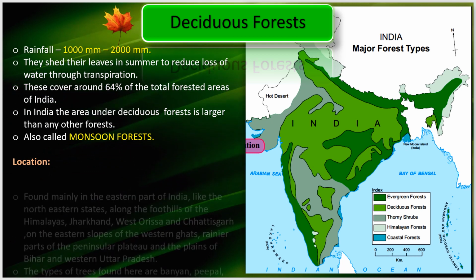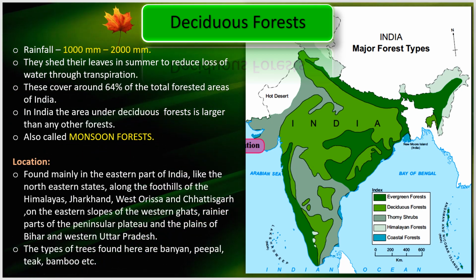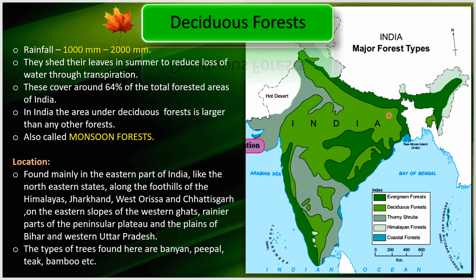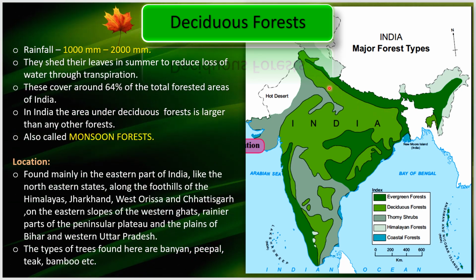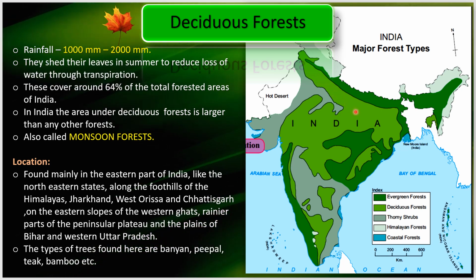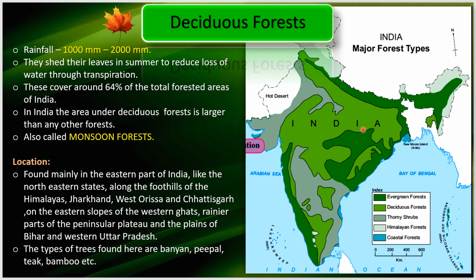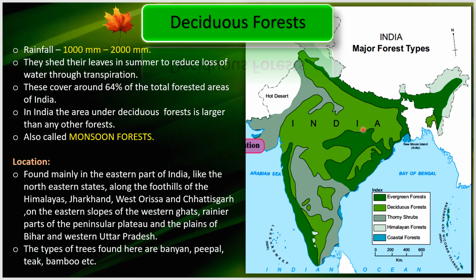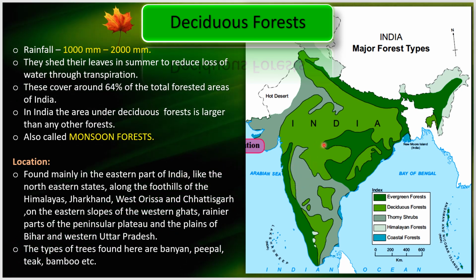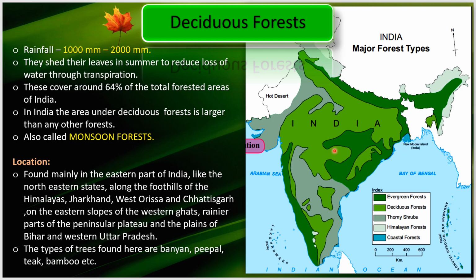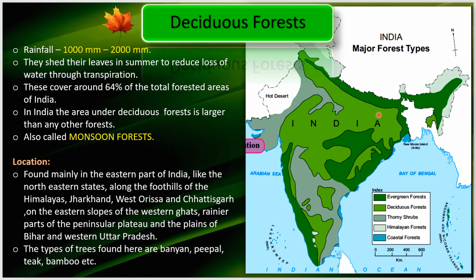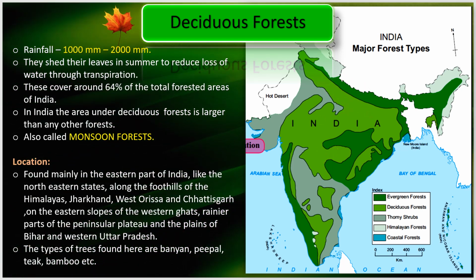Now, they are found mainly in the eastern part of India, like the northeastern states, along the foothills of the Himalayas, Jharkhand, western Orissa, Chhattisgarh. Then we have the eastern slopes of the western Ghats, rainier parts of the peninsula plateau, and the plains of Bihar and western Uttar Pradesh.